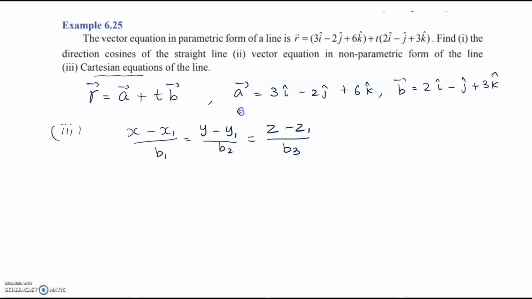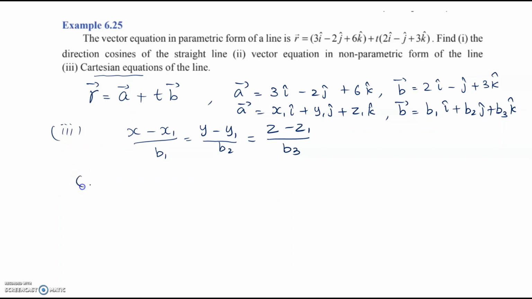So here we write our vector a in the form of x1 i cap plus y1 j cap plus z1 k cap, and vector b in the form of b1 i cap plus b2 j cap plus b3 k cap.